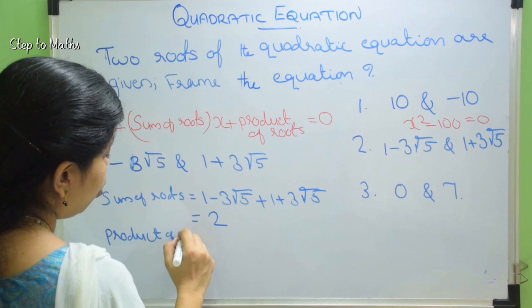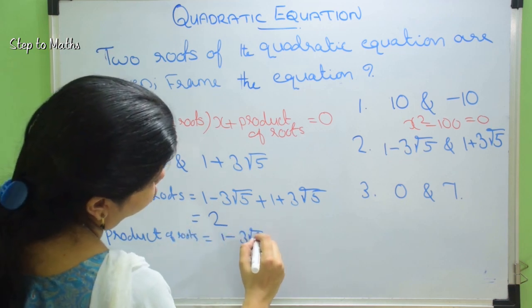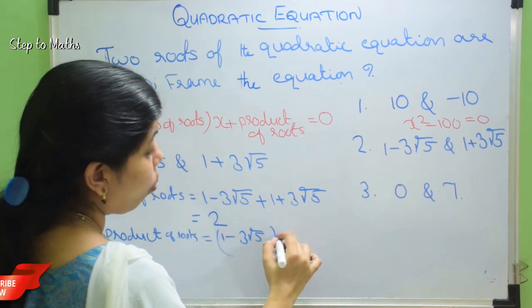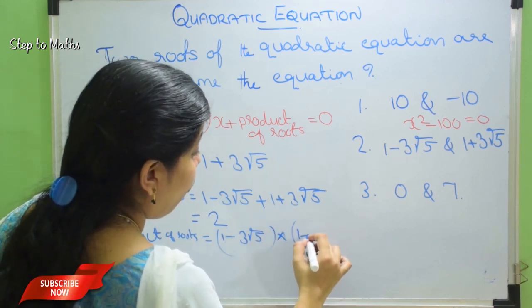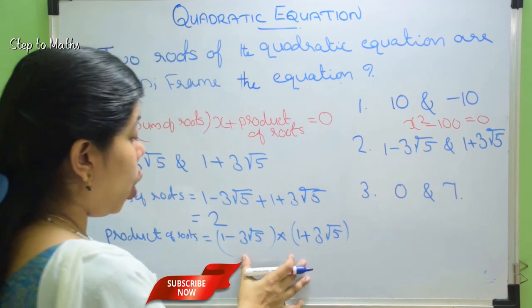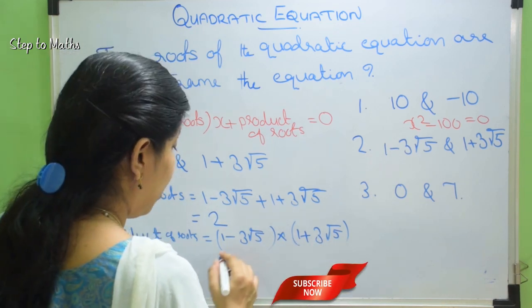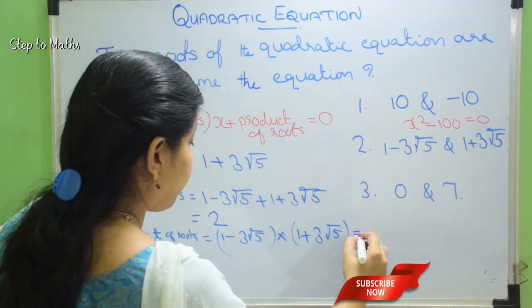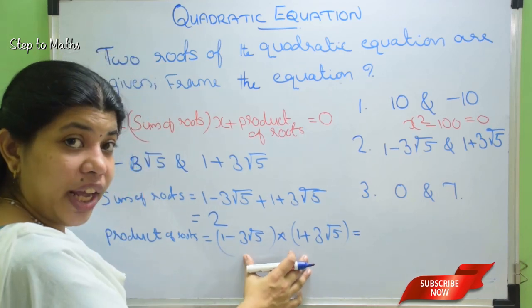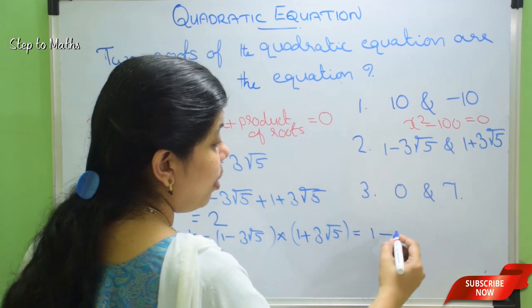Then product of roots equal to 1 minus 3 root 5 into 1 plus 3 root 5. This is in the form a plus b into a minus b, which is a square minus b square.